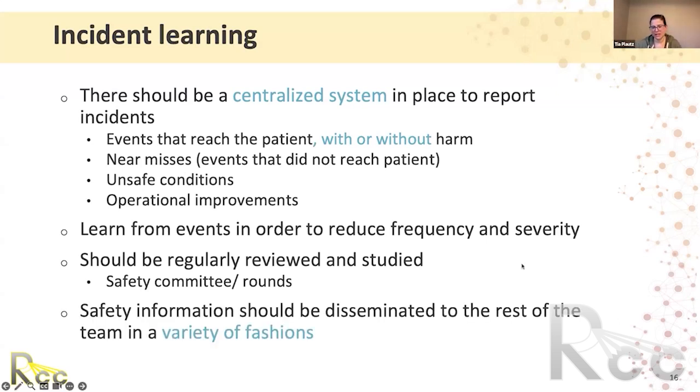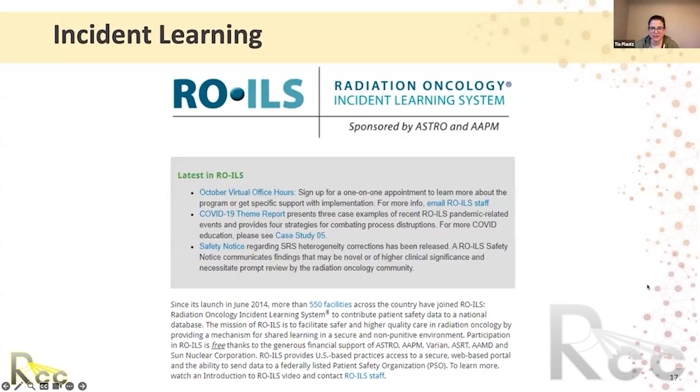Incident learning can also be multi-institutional. For example, there's a system in the US called RO-ILS, and it's a national incident learning system. The goal of RO-ILS is to facilitate higher quality care in radiation oncology by providing a centralized mechanism for sharing and learning in a secure and non-punitive environment. All clinics can sign up voluntarily and they can submit data.